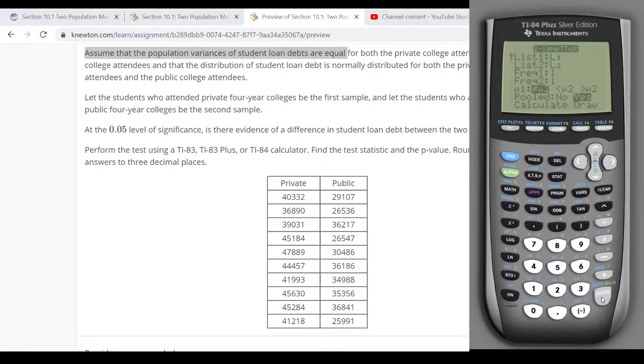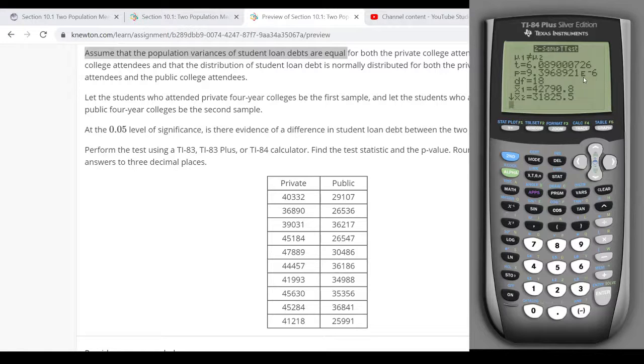And then calculate. Now look at all the stuff that comes up, right? It tells you what the alternative hypothesis looks like. It gives you the test statistic. That's something we have to enter, the t-score. It gives you the p-value. Now I think I've mentioned this in a previous video too. Be careful. Remember, the p-value is between 0 and 1. It's a probability value, an area under the curve. So 9.397 is not the p-value.